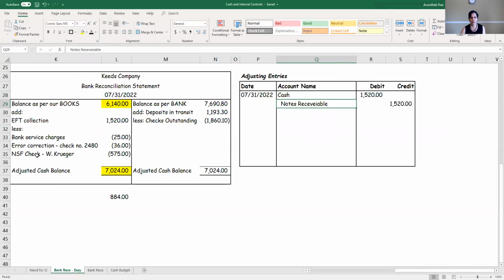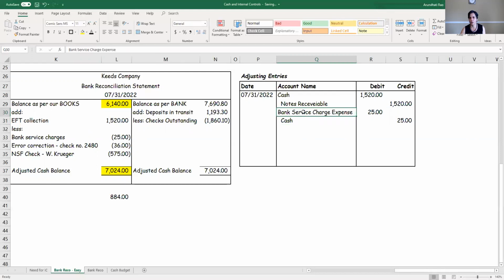Now all these are going to be subtractions, which means cash has to be credited for each one of these. So I'm going to do each one of these individually, again, just so that I can explain this to you. So I have cash credit, bank service charge, it's an expense. I can either create an account called bank service charge, which is what I've done over here.